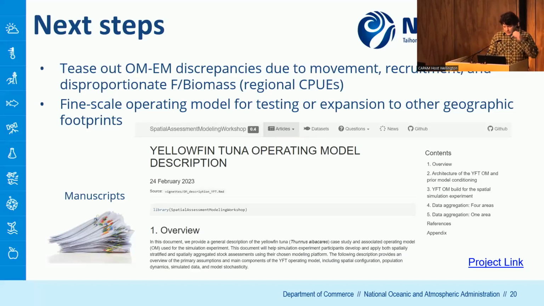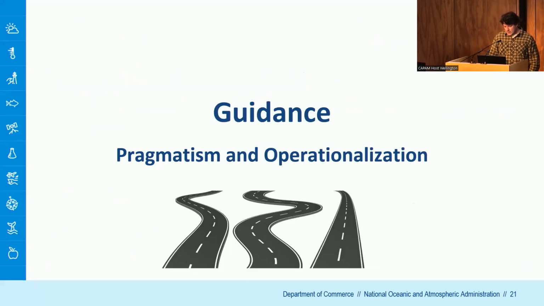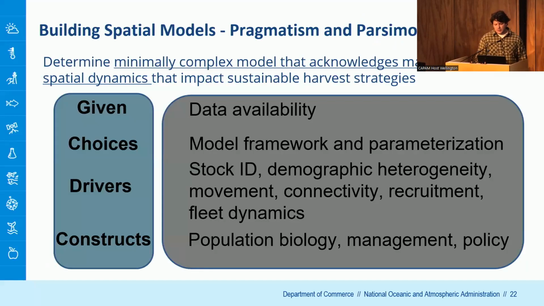And then we are going to have a couple of manuscripts that come out of this work as well. And lastly, I'm doing okay on time, a little bit of guidance. There's all sorts of different choices that we have when building spatial models. This spans from the data availability, the particular model framework and parameterizations that we choose.